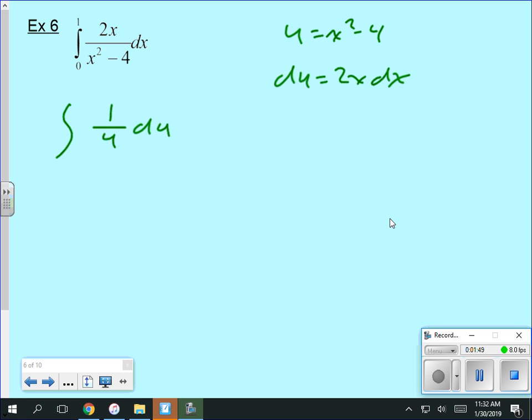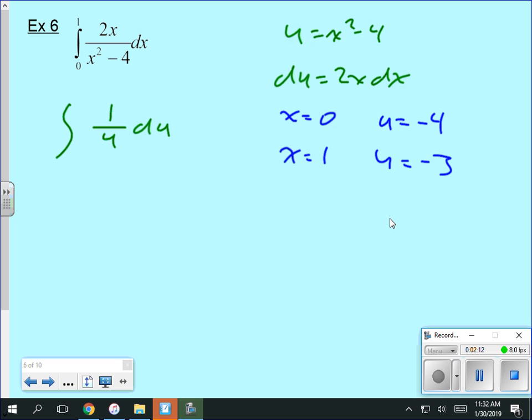I go back: when x equals 0, what does u equal? It equals -4, right? And when x equals 1, u equals -3.